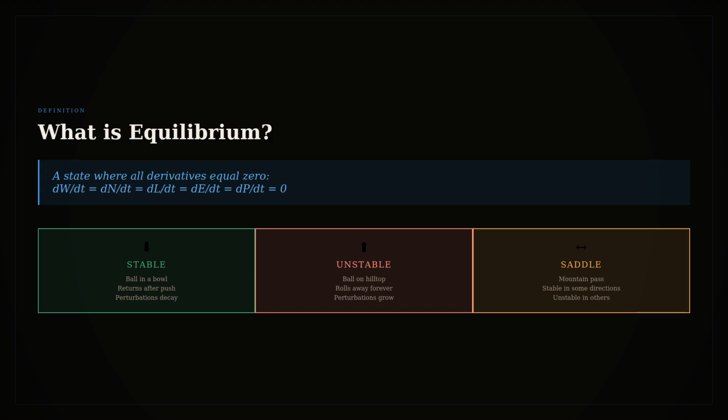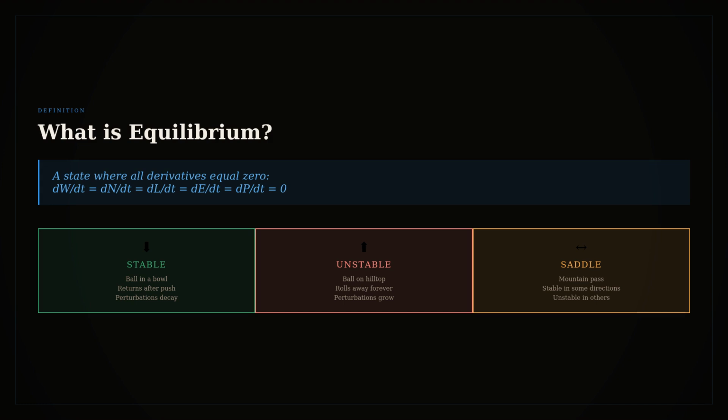A stable equilibrium is like a ball at the bottom of a bowl. Push it slightly, and it rolls back. The system returns to equilibrium after small disturbances. An unstable equilibrium is like a ball balanced on top of a hill. The slightest push sends it rolling away, never to return. The equilibrium exists mathematically, but the system can't maintain it.